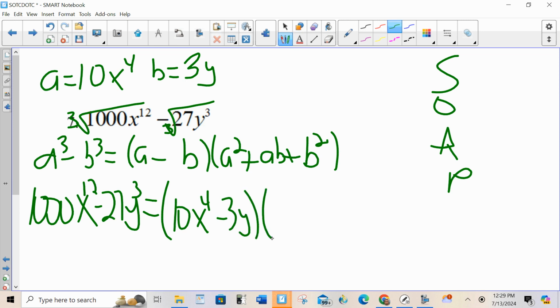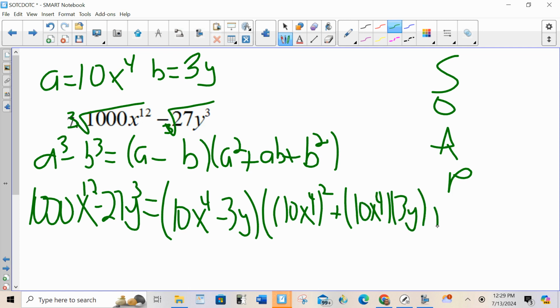Now for a squared, I'm going to write it in parentheses as (10x to the 4th) squared plus ab. I'm going to write it as 10x to the 4th times 3y. And then b squared in parentheses, (3y) squared.